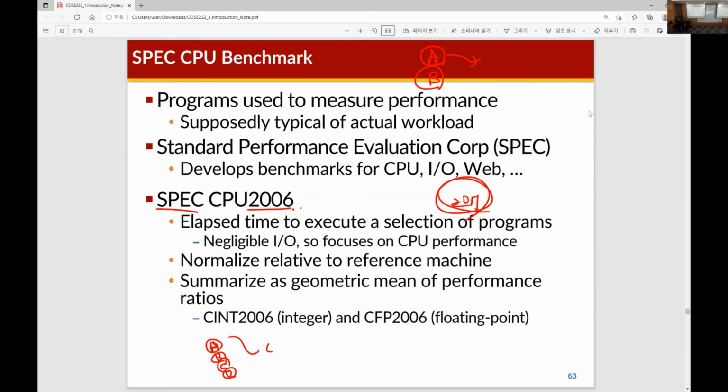You can find many various applications included in it, but only very traditional applications such as compiler, data compression, image processing, and so on. We cannot find any machine learning applications in this SPEC benchmark. So if you want to measure the performance of different kinds of applications, then you can use another benchmark suite.